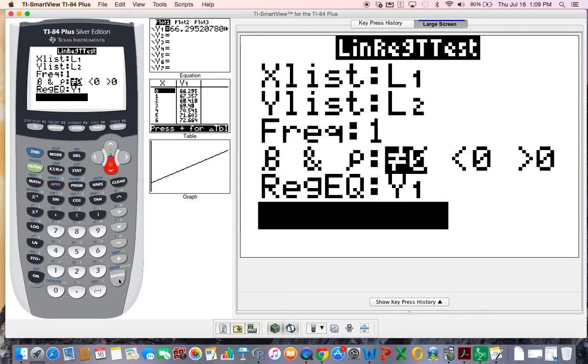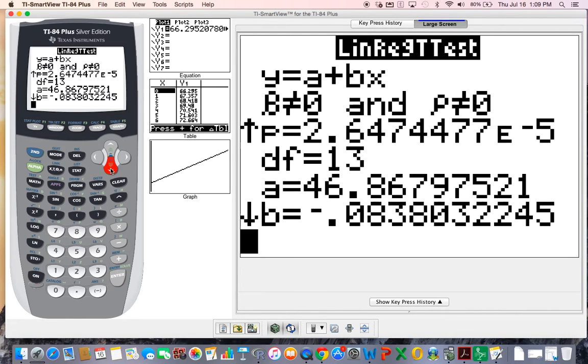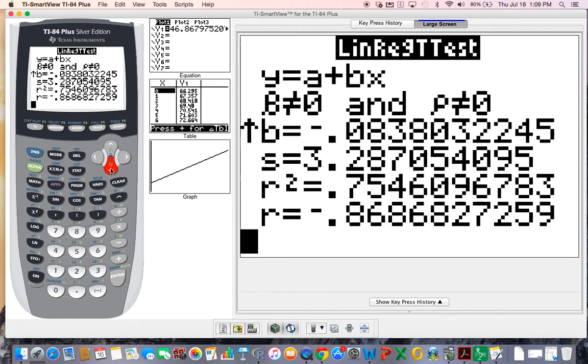I showed you how to do that in the previous video. And I hit calculate, and I scroll all the way to the bottom. And I see that my r value is negative 0.87, and my r squared is 0.75.